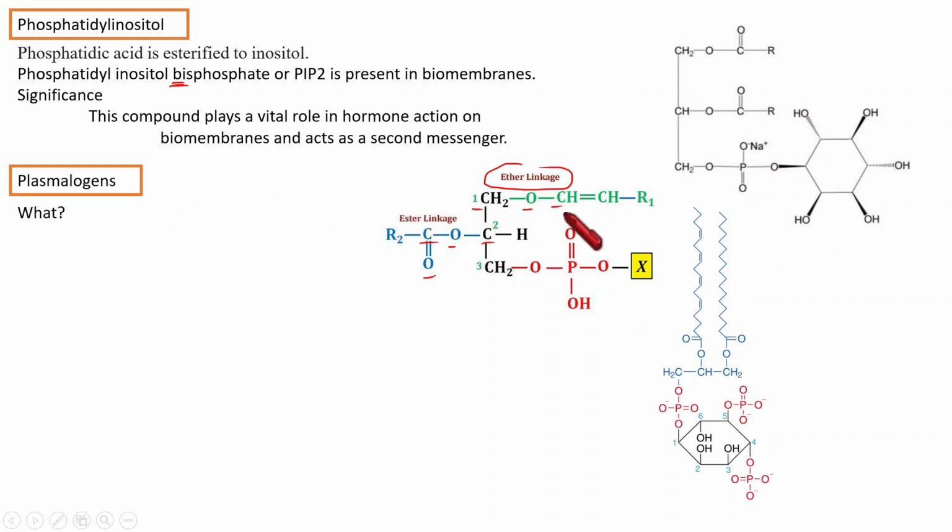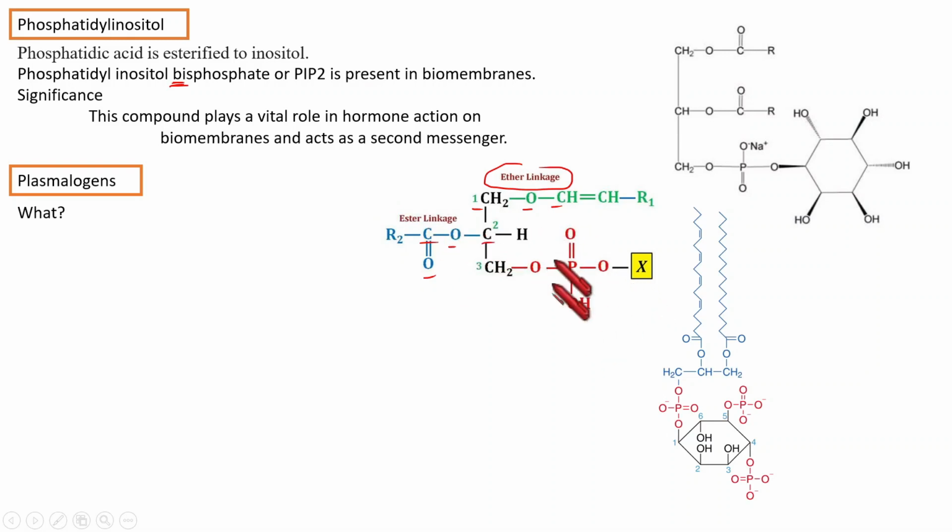In plasmalogens, this alcohol is also unsaturated. Look, the alpha and beta carbons are unsaturated. So the unsaturated alcohol is attached to the first carbon of glycerol through what linkage? Ether linkage. And along with that, the second carbon is connected through ester linkage to another fatty acid.